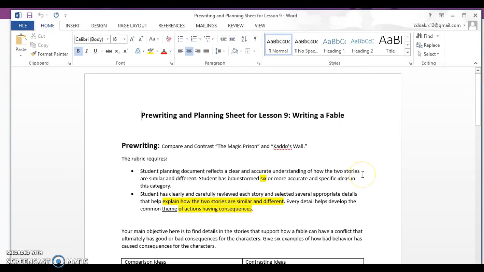I made this because some people were getting a little bit confused. I looked ahead at Lesson 15 because that's when the actual Fable is due, so I wanted to see what is going to be expected of me when we turn in the final product.